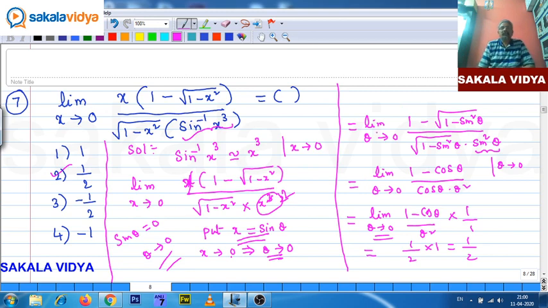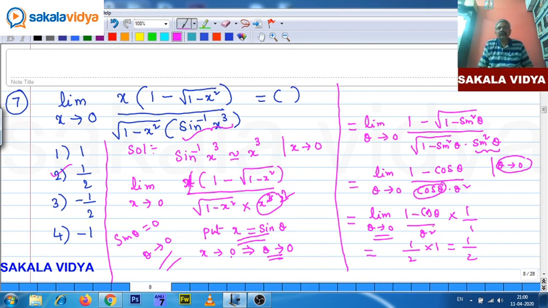So, now limit theta tends to 0. Here x is replaced by sin theta, root of 1 minus sin square theta by the root of 1 minus sin square theta into sin square theta. Again, if limit theta approaches to 0, sin theta will be theta, but sin square theta is there, that I have written theta square. So, here cos theta we have.